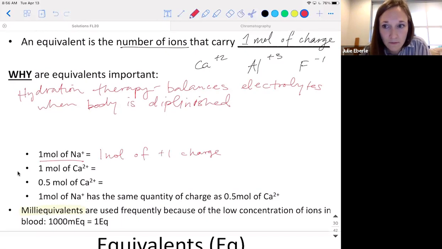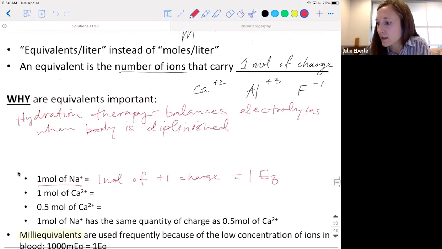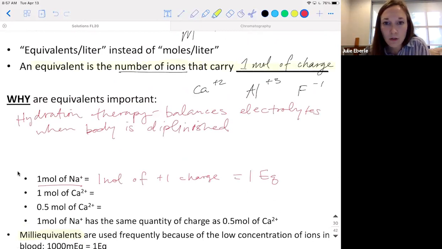Does that make sense? I have a mole of positive charge. Don't overthink it. It's really as simple as it sounds. You're just looking at the charge on the ion. So that means I have 1 Eq, 1 equivalent. That's 1 mole of charge, because that is what an equivalent is. It's the number of ions that carry 1 mole of charge.